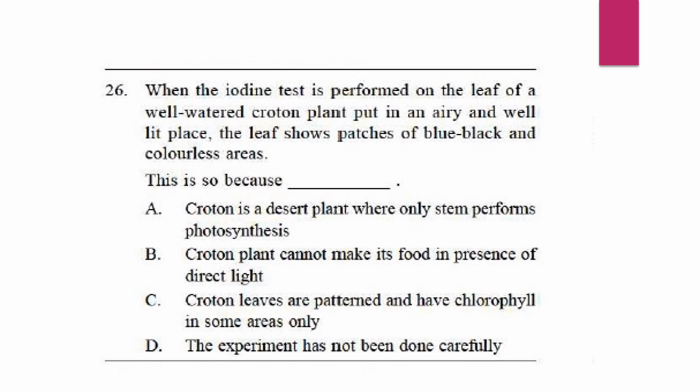B, croton plant cannot make its food in presence of direct light. C, croton leaves are patterned and have chlorophyll in some areas only. D, the experiment has not been done carefully. And the right answer is option C.